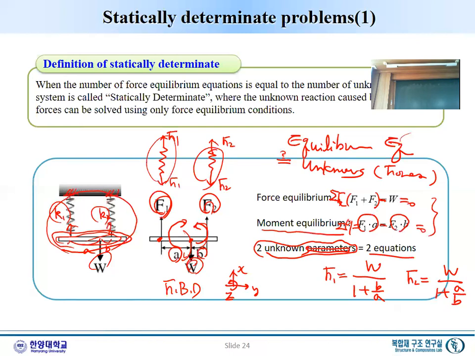K1, 2, 3, right? But do they have any material property, K1 and K2? No material property, which means that this reaction force is hanged by the spring. And let's say we change the material property or use a different spring, but always the force is the same.